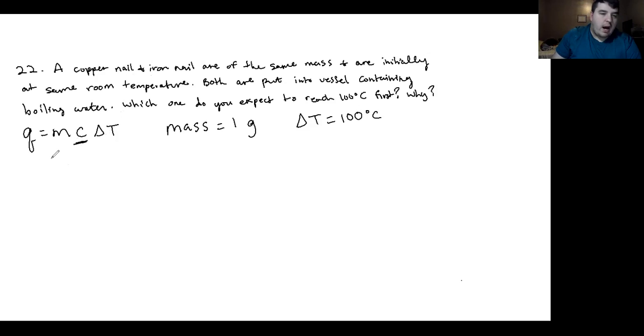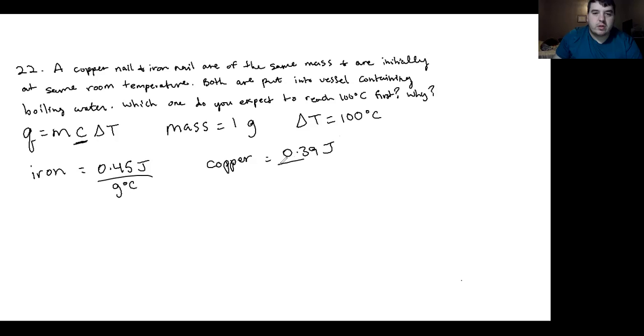First, iron has a specific heat of 0.45 joules per gram degree Celsius. And copper has a value of 0.39 joules per gram degree Celsius. So copper has a smaller specific heat.